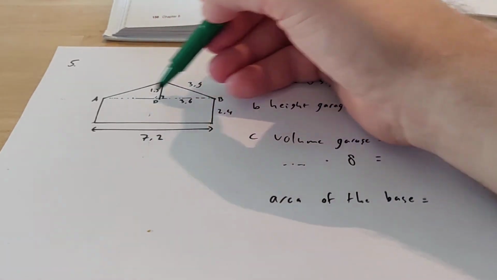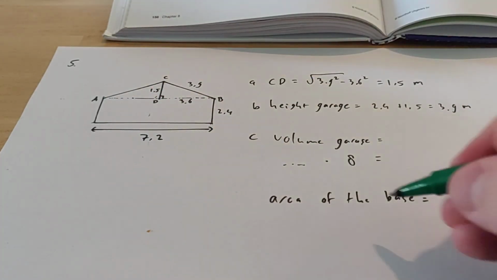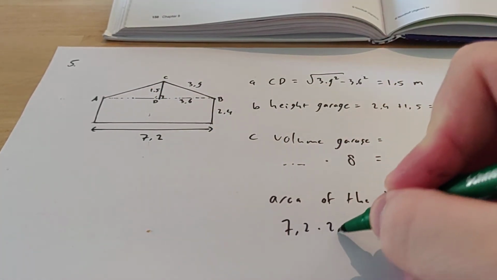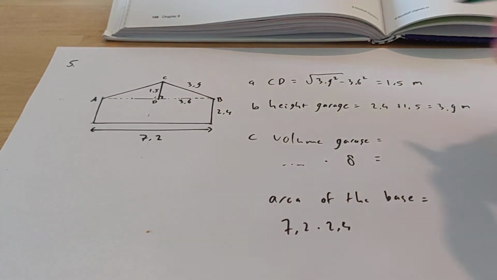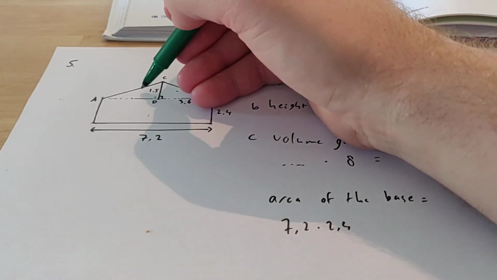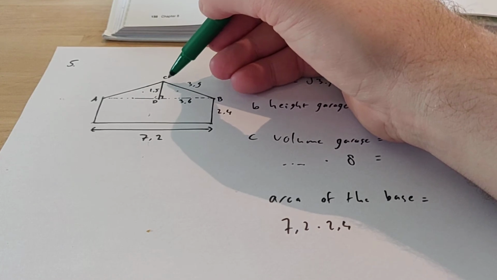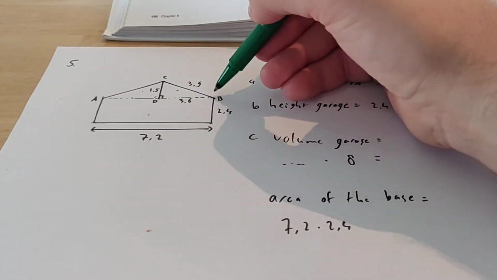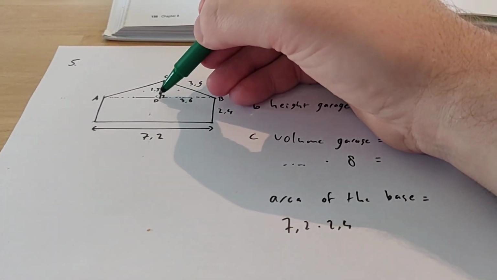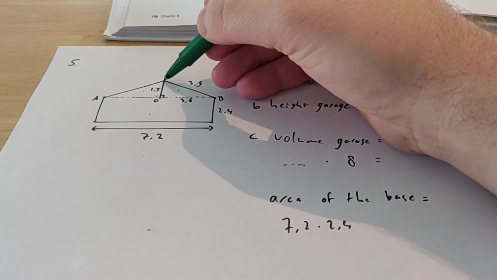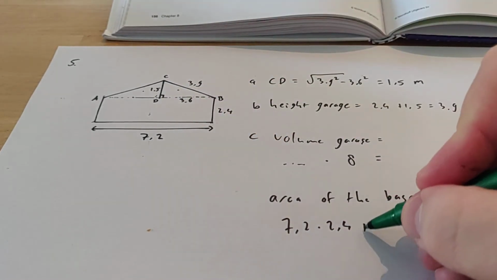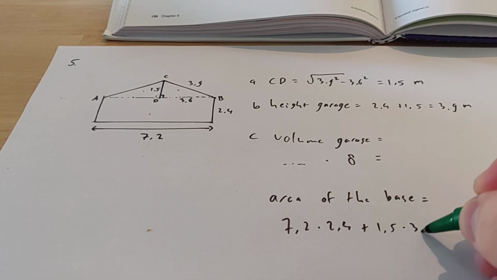Okay, so we see a rectangle here, and that rectangle is 7.2 by 2.4. Okay. Then we have one triangle here and we have one triangle there. So what you could do is just move this over here, place it there, and then you have another rectangle. And that rectangle is 1.5 by 3.6. So plus 1.5 times 3.6.